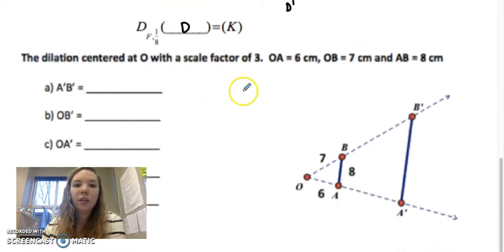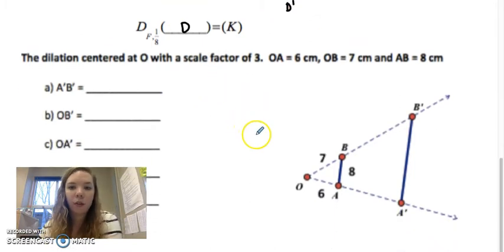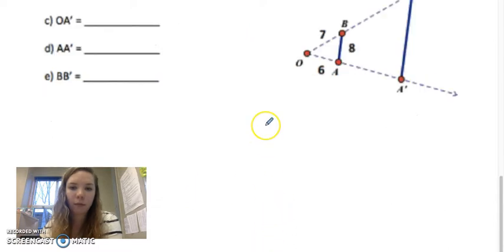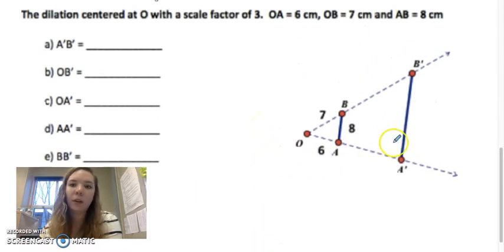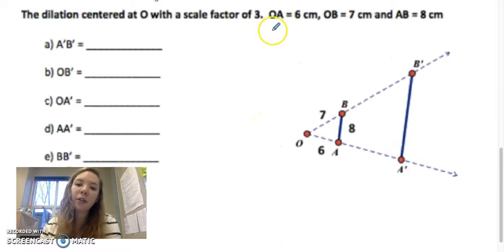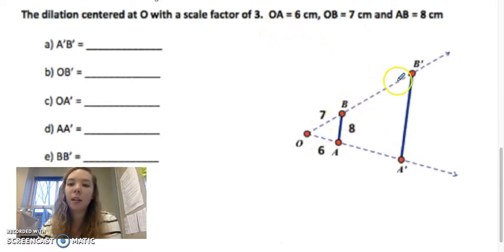Okay, the dilation is centered at O with a scale factor of 3. OA is 6. OB is 7, and AB is 8. And those are already on our picture for us. So we have to figure out the rest. If my scale factor is 3, that means that my full distance has to be 3 times as big.